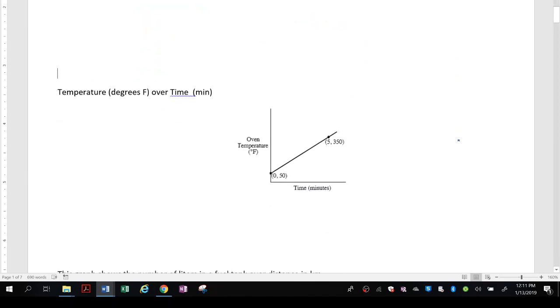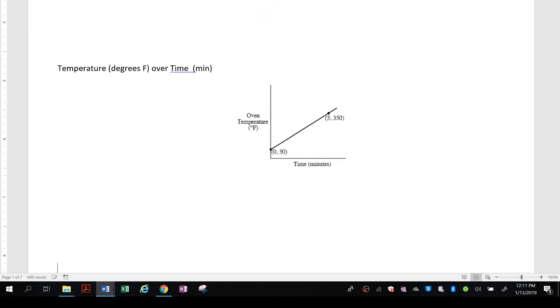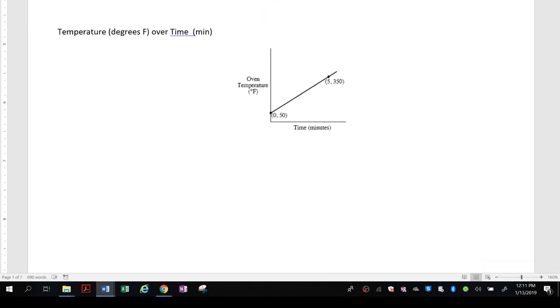In this example here, we have oven temperature versus time. And in this example, this is the oven heating up and how many minutes it takes for the oven temperature to reach a certain degree. So our time now starts at 0, it's in minutes, and it goes to 5 minutes here.